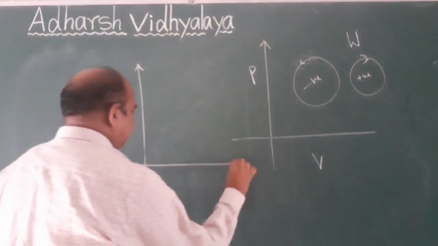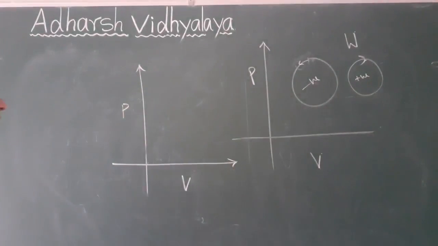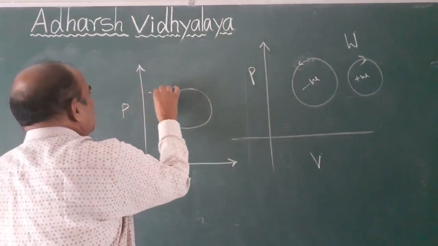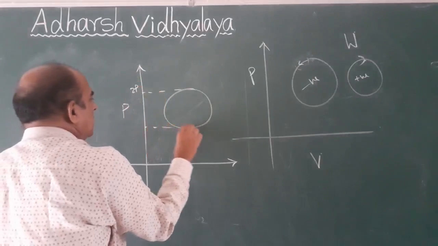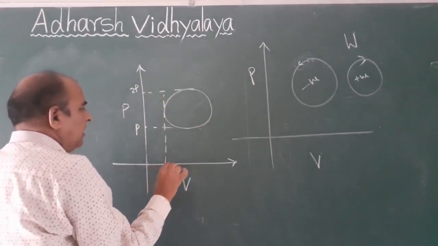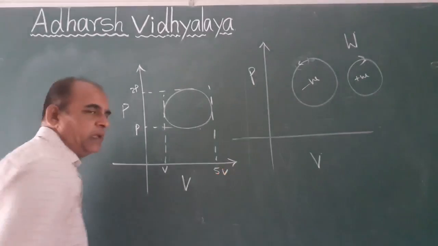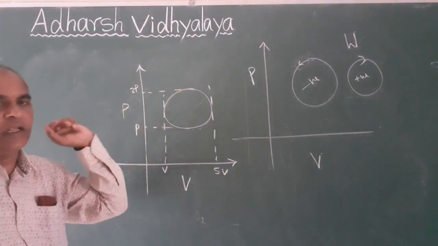Next, suppose they give a curve like this to calculate work done. Here 2P, here P, here V, here 5V. So we need the area of a circle.